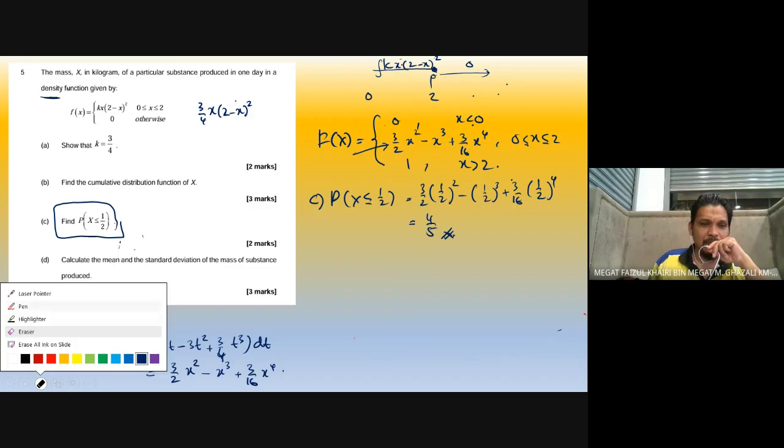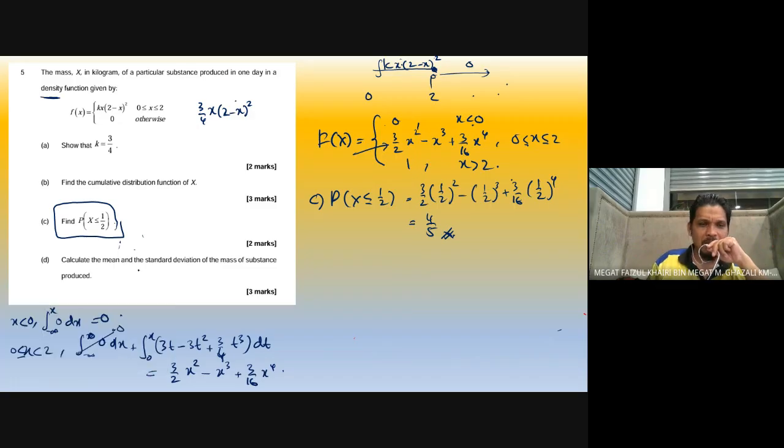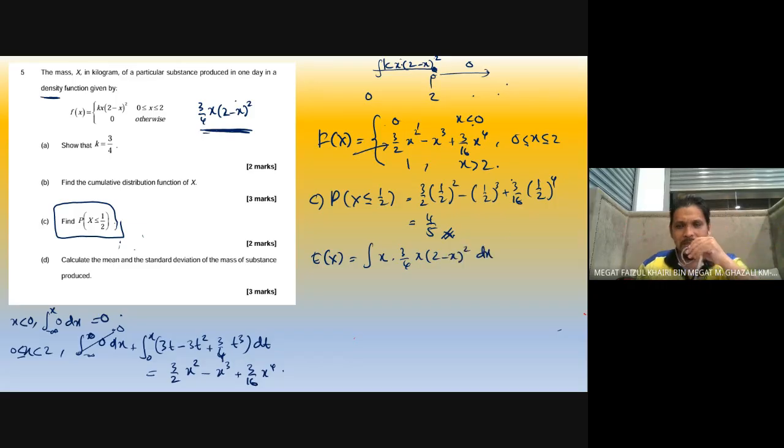Sorry, the board is slow to erase, so the reflection is delayed. Okay, now D, calculate the mean and standard deviation of the mass of substance produced. Mean, the expected value of x, is the integral of x times the function, small f, not capital F, this one. So then times 3 over 4 x (2 minus x) squared dx.